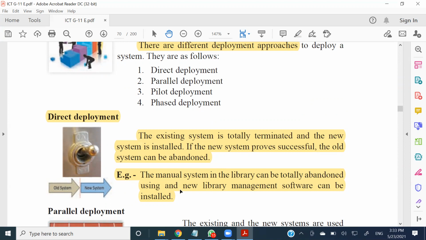We can't rush it, because when it comes to the system development life cycle and when we are doing a project on behalf of the client, we should always act on their easiness, right? If the client says I need this deployment to be done in the phased deployment, then upon their agreement you have to do it as they want.